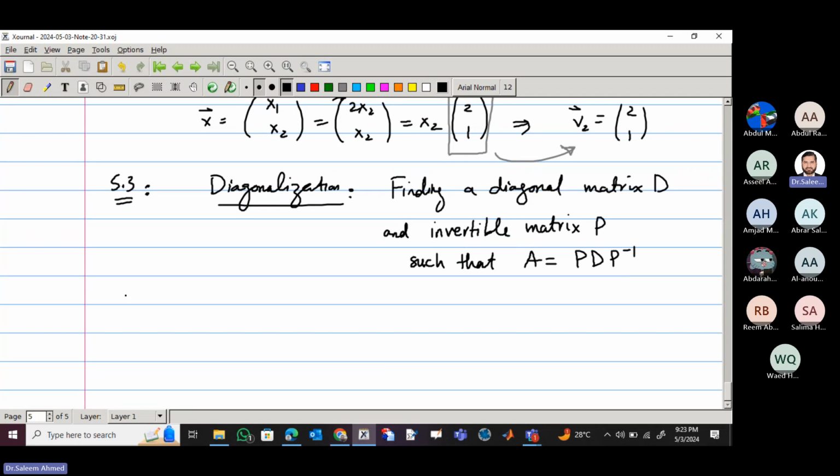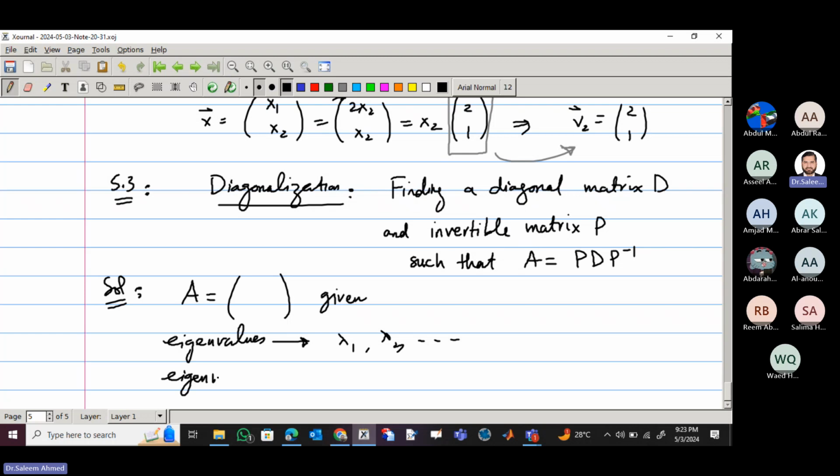Diagonalize A means find this one. So basically, solution is very simple. If A is given, matrix is given, right? We find eigenvalues lambda 1, lambda 2, etc. OK, we find eigenvectors v1, v2, etc. Right?